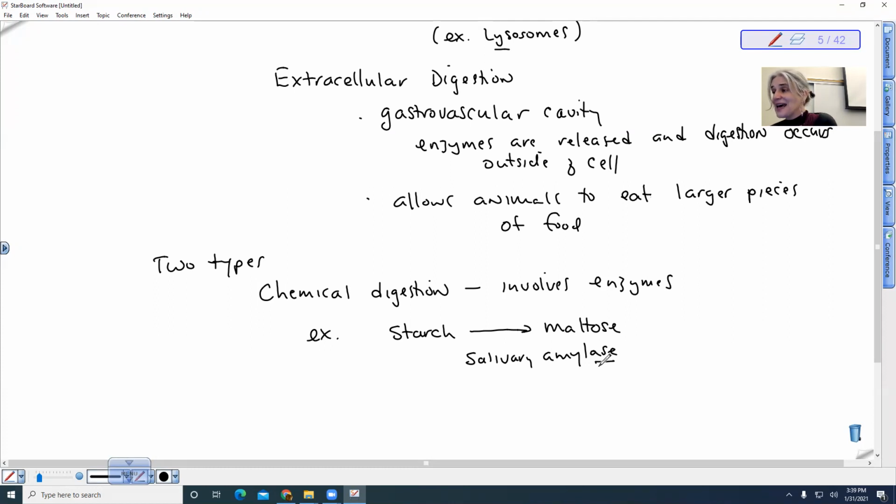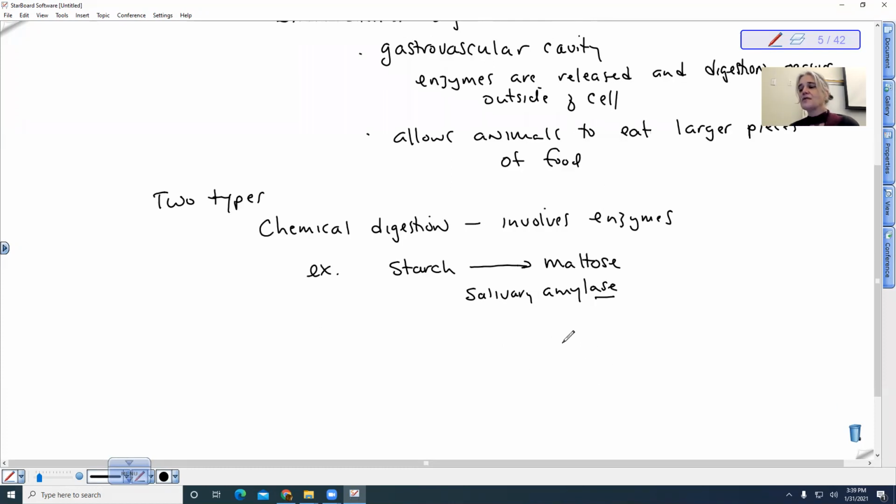You might see amylose, that's a sugar, but amylase is the enzyme. If you put a piece of bread in your mouth and hold it without chewing, it will start to taste sweeter because you're able to break down that starch to produce a sugar that you can actually detect as a carbohydrate.